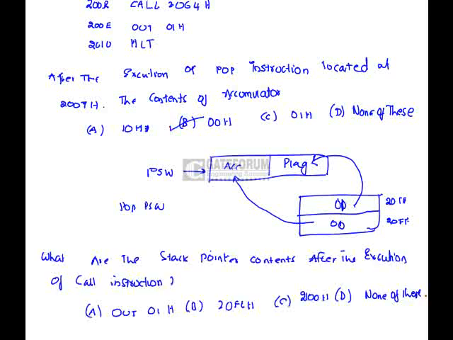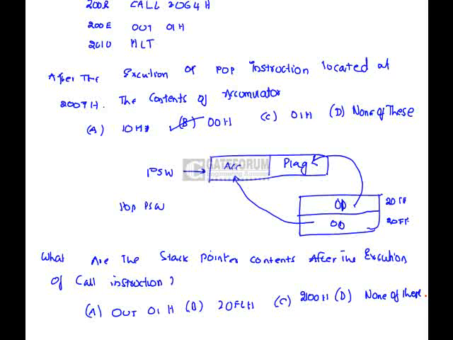So what does the stack pointer contain after the execution of the call instruction? Here before the call instruction we are performing one time PUSH B, and at location 2007 we are performing POP PSW. So these two are exactly opposite operations, so the stack pointer is not going to be affected, because in case of PUSH B it is decremented by 2, in case of POP it is incremented by 2.